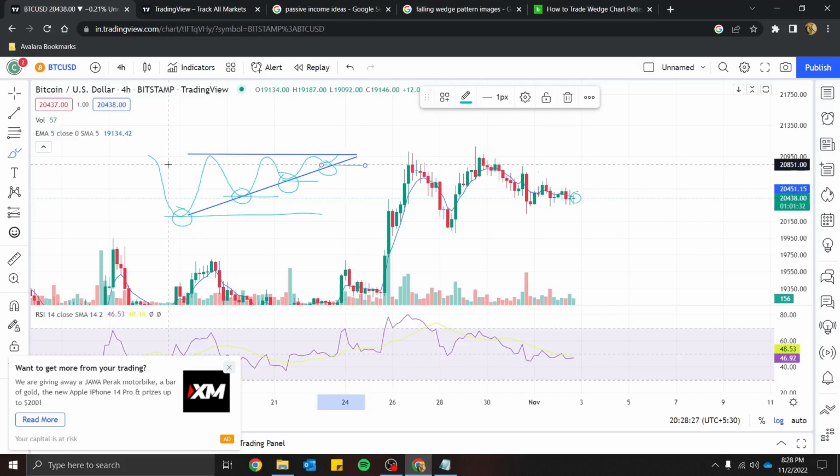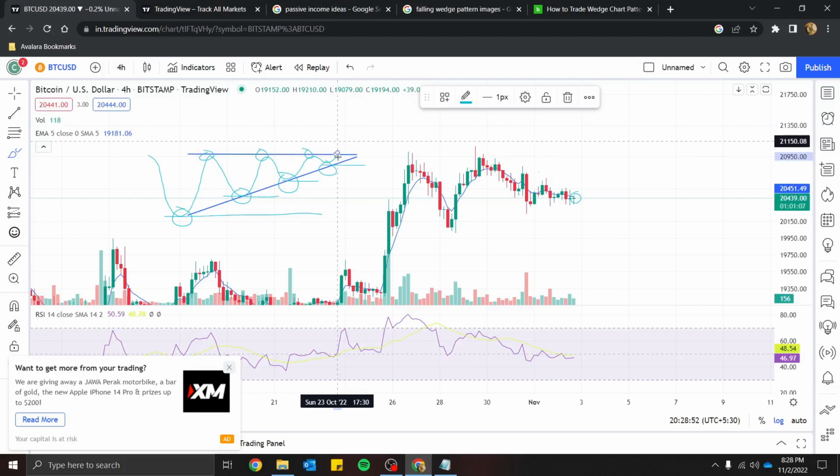Till the time we see this consolidation, some amount of sellers entered here, then here, then here. So at this point there will be very few sellers, because most of the sellers got consumed by these buyers. These buyers consumed these sellers, and we are continuously seeing higher lows.